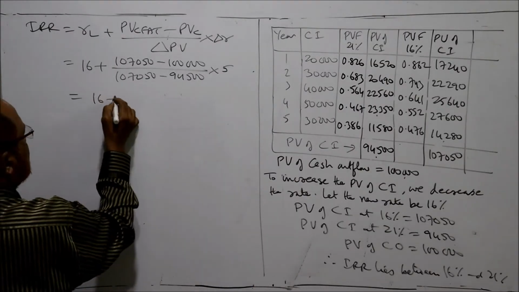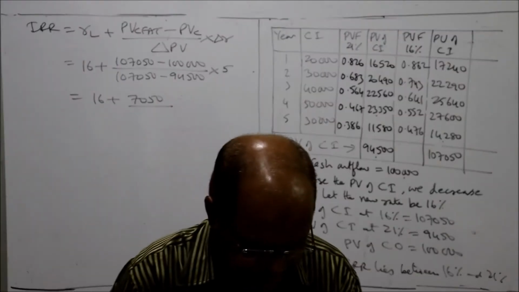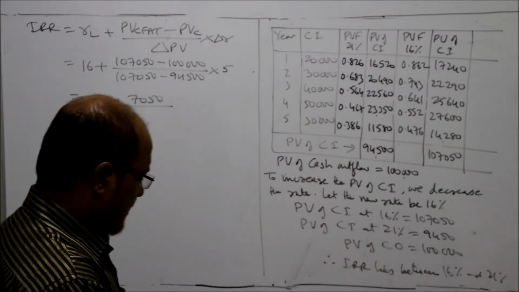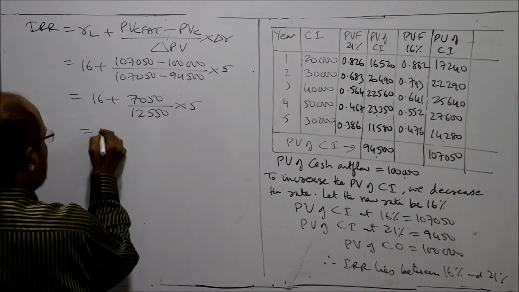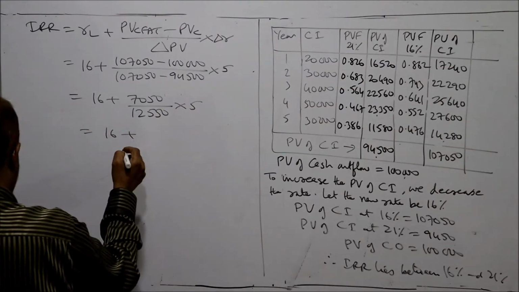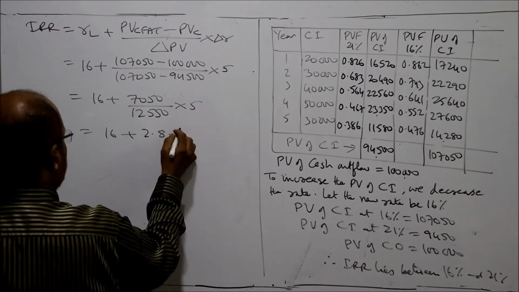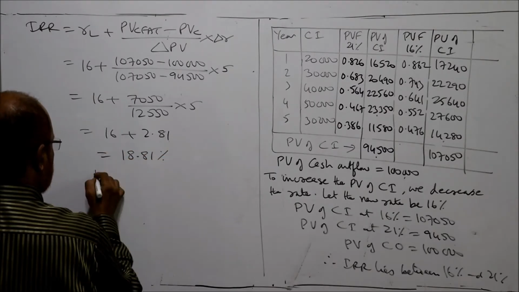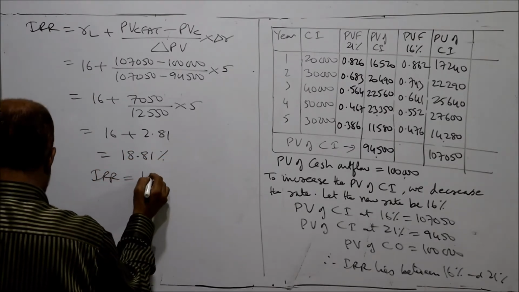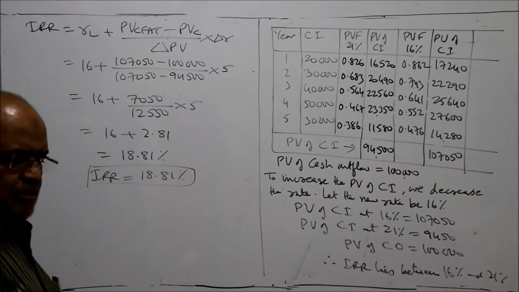Correct. 16 plus 7,050 divided by 12,550 into 5. 16 plus 2.81, that is equal to 18.81%. So we got IRR is equal to 18.81%.